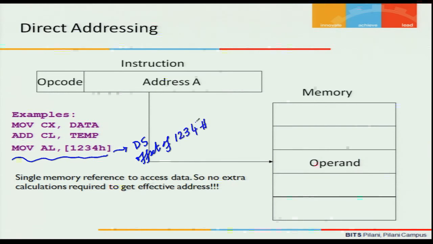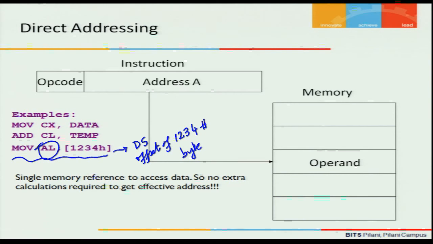From that offset I will pick up a byte. So from this memory location I will pick up a byte, and I will move that byte into the AL register. So this is how the direct addressing would typically work.